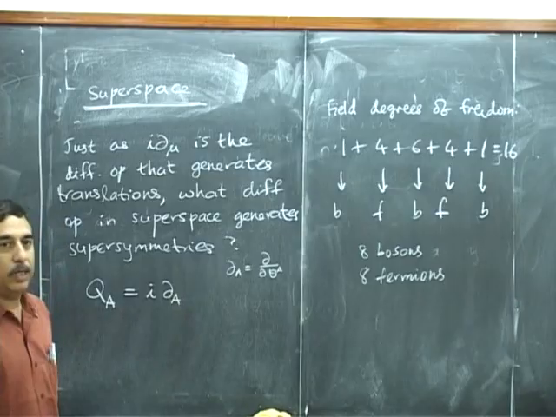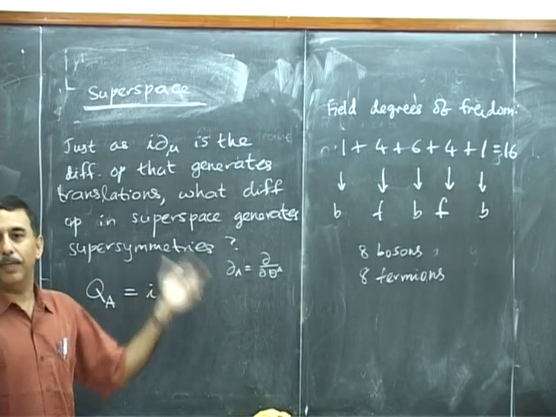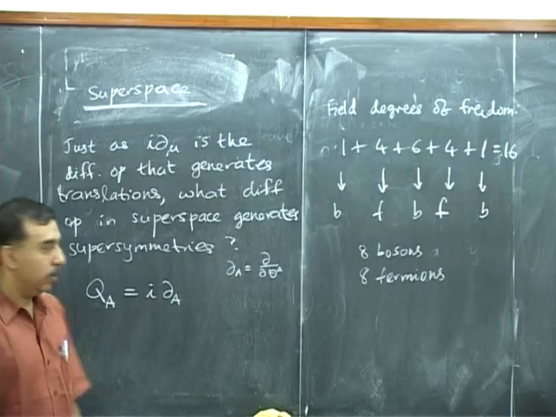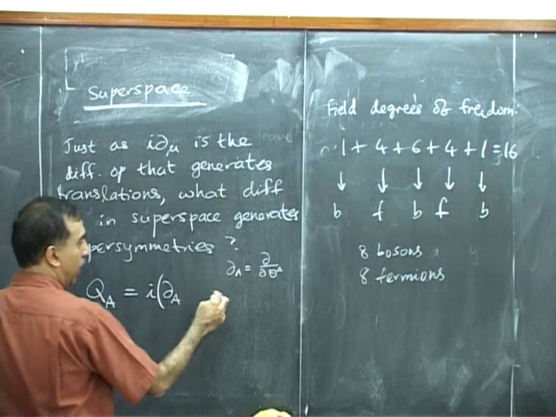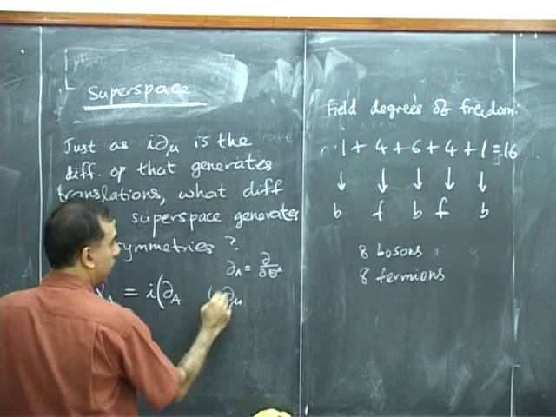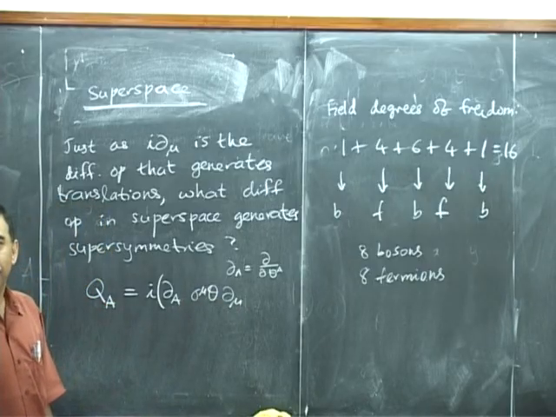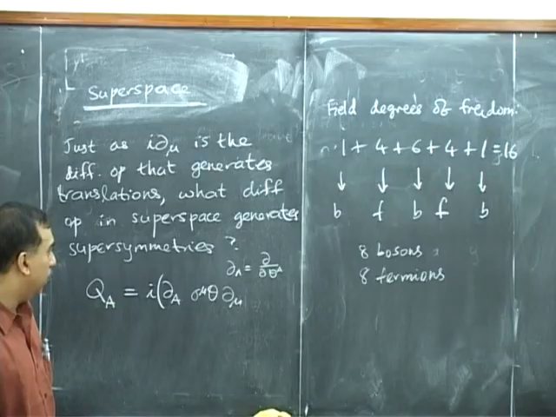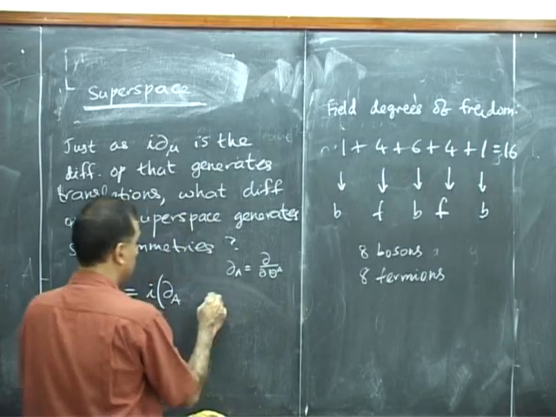But it's clearly not enough, because this has to also generate the shift in x by a theta dependent amount. What's the shift in x by a theta dependent amount? It must have a del mu to generate the shift, it must have a theta, and it must have a sigma mu. So it's just a business of adding up, putting in all the indices, and we'll get our supersymmetry generator.